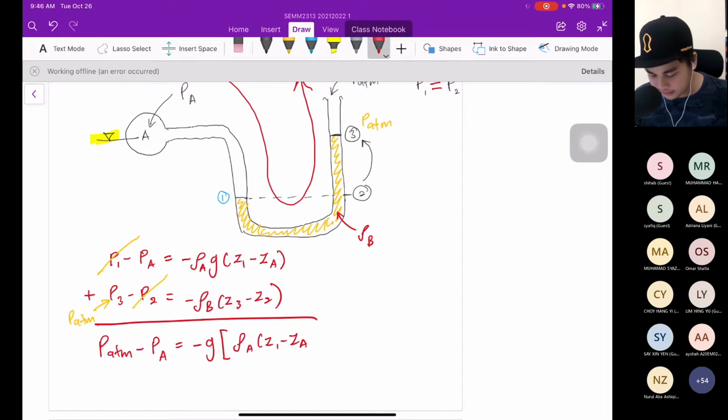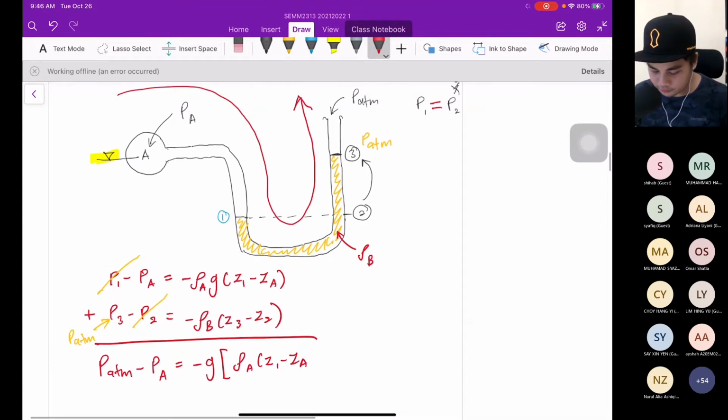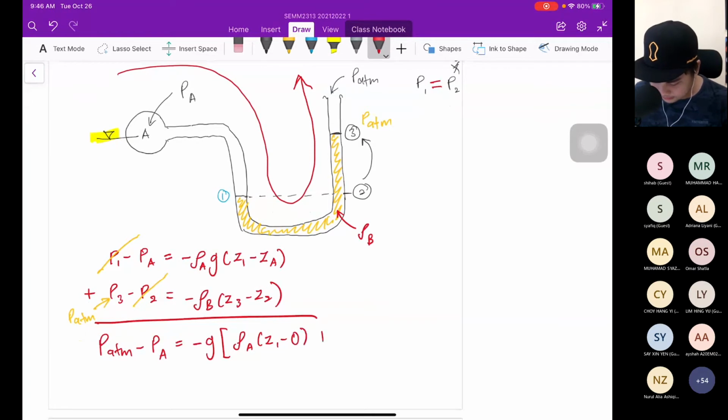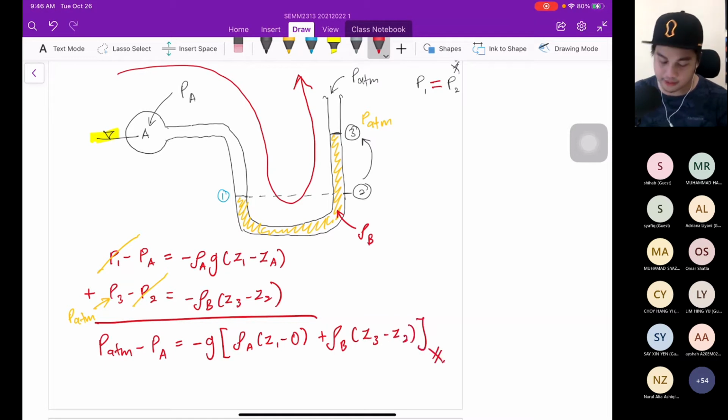What is the value of ZA? It is 0, we can cancel. Plus rho B (Z3 minus Z2). That is the equation and how you apply it to the manometer.